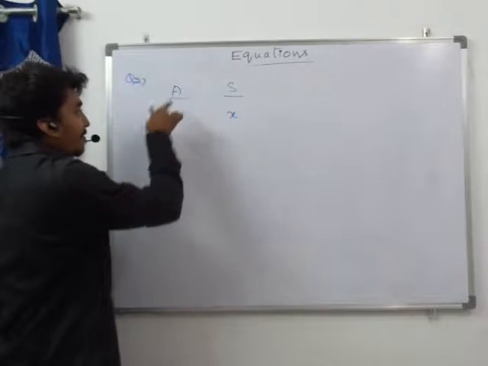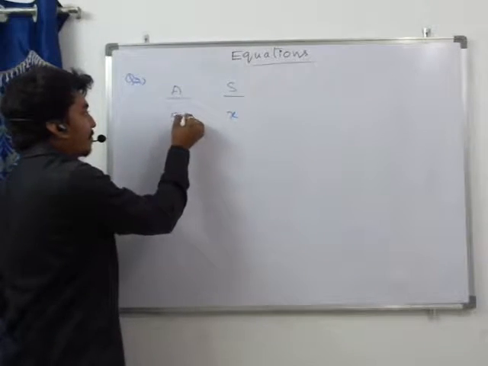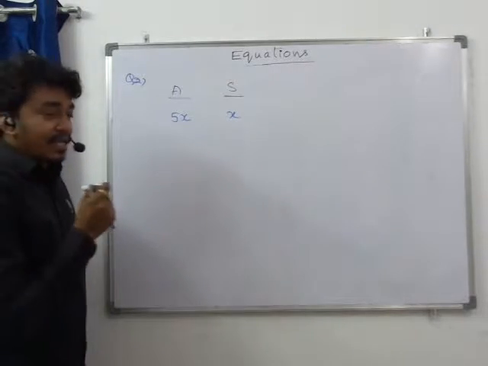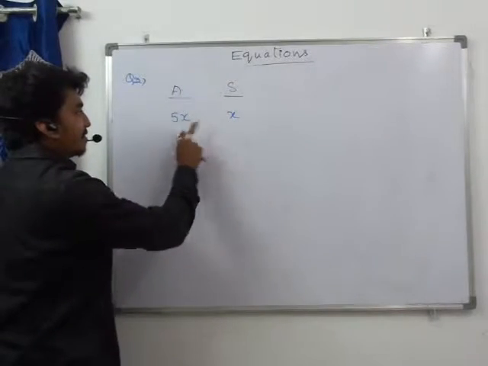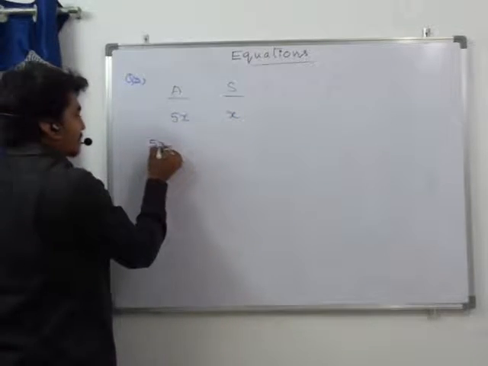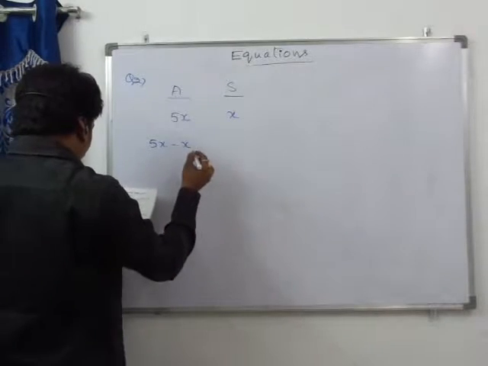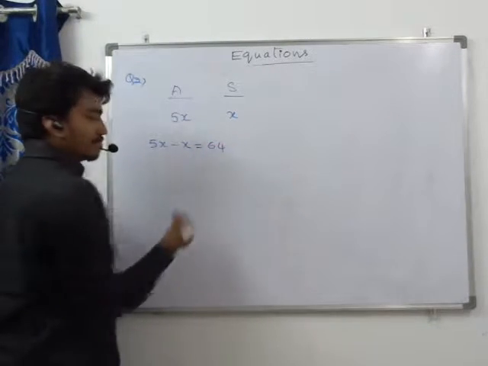Now Anurag can have 5 times as many as he has, no? So Anurag can have 5x. But now he is telling that the difference between the number of marbles of Anurag and Sudeep is given as 5x minus x. The difference between the marbles is given as how much? This is 64.